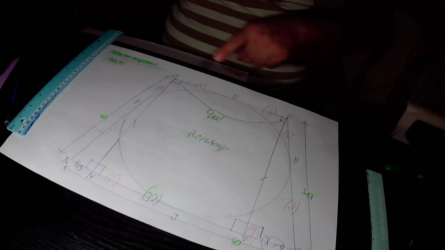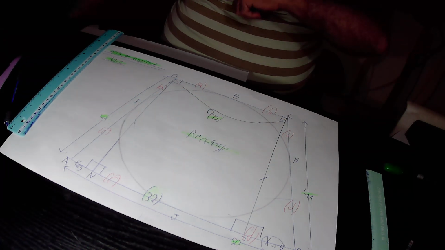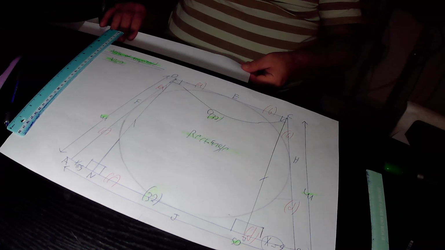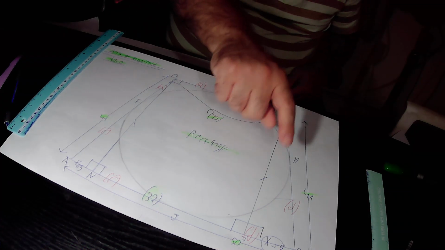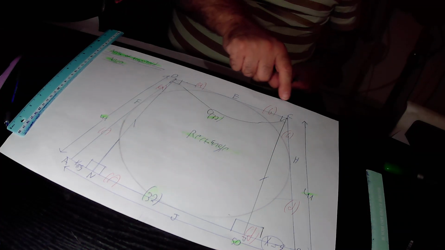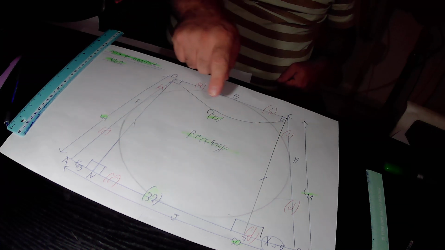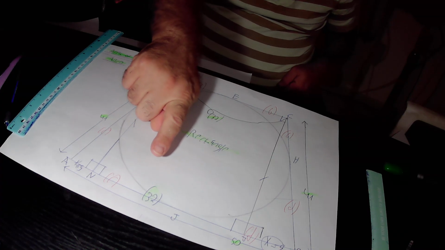So in quadrilateral DCJN we have 4 right angles, and therefore quadrilateral DCJN is a rectangle. But we also know that the opposite sides of a rectangle are equal to each other. So in rectangle DCJN, side DC must be equal to the opposite side JN. But DC is 32, therefore the opposite side JN must also be equal to 32 units in length.